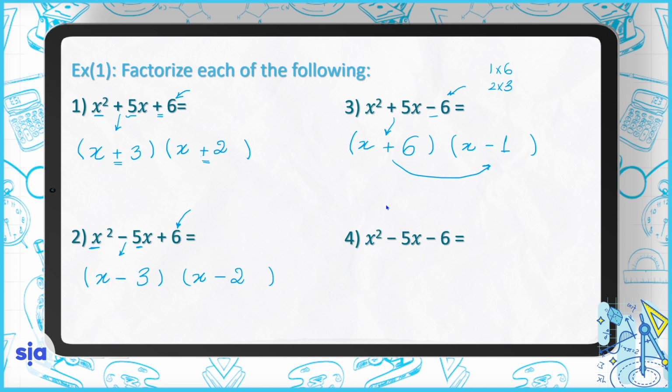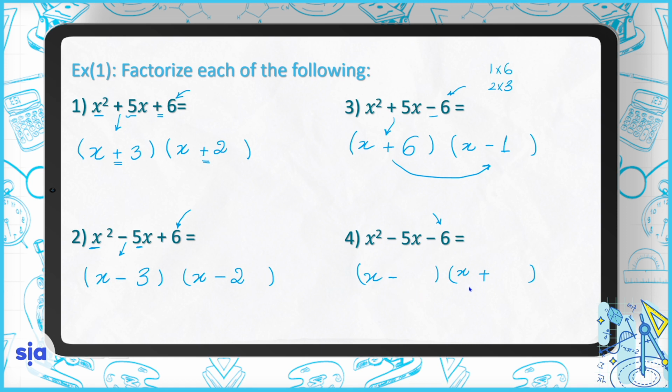Question 4. The two brackets, x and x. First sign is minus. The other one, negative times what equals negative? Negative times positive. After that, I want two numbers that multiply each other to equal 6, and the two signs that we wrote in the brackets. Again, I'm repeating, not the two signs in the question.